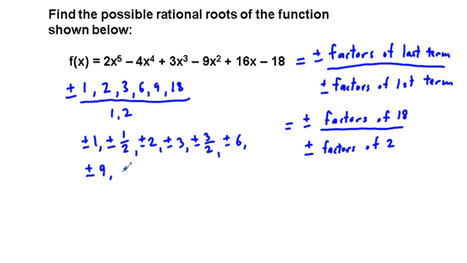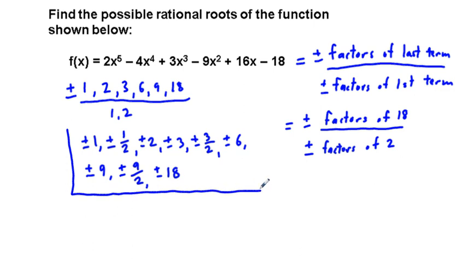And 9 over 2, we have plus or minus 9/2. And now we have 18. Well, 18 divided by 1 is 18, so we have plus or minus 18. And then 18 over 2 is 9, which we already have. So this will be our list of possible rational roots using the rational roots theorem.